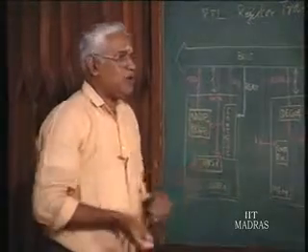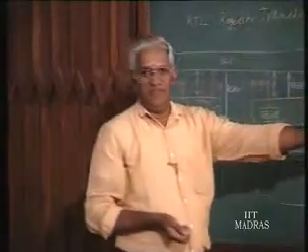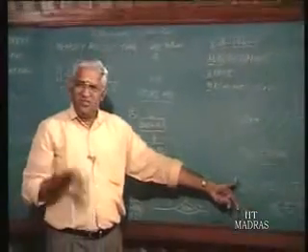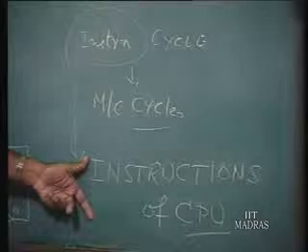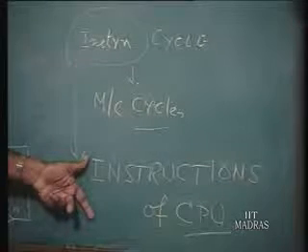So, the starting point of a CPU design is the instruction set. That is the first step. The starting point of design of a CPU is the instruction set, and depending on the application the set of instructions will vary.